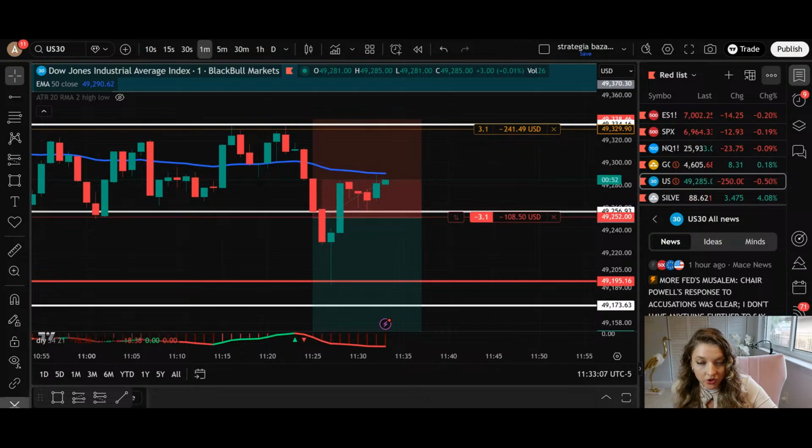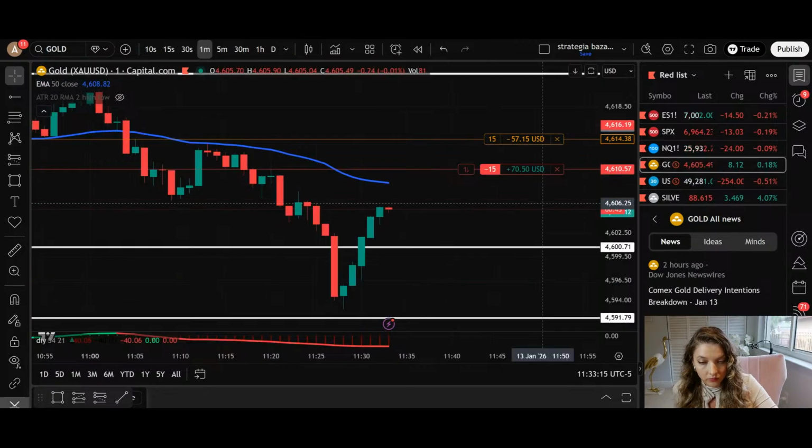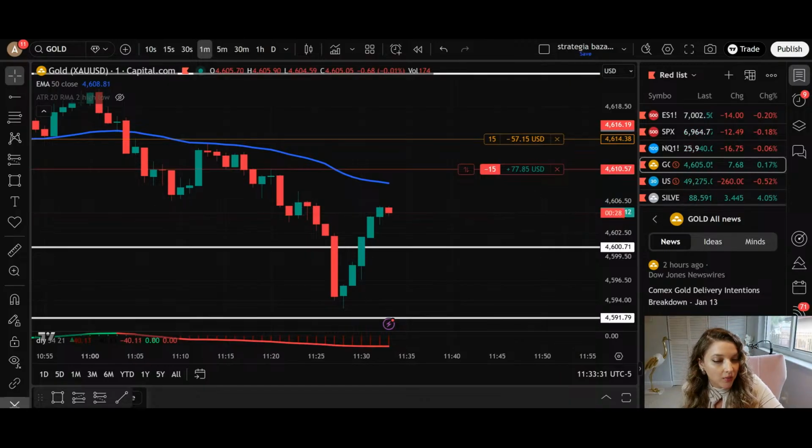I want a rejection of the EMA. It looks like the price touched the EMA on the US30, Harpal, right? So let's see if it reacted nicely.